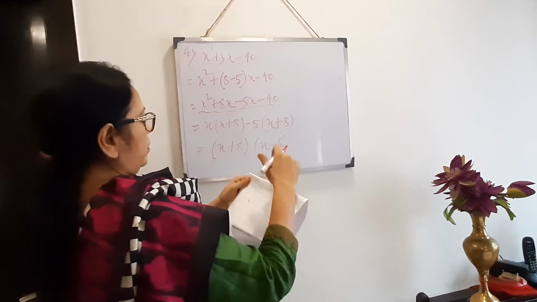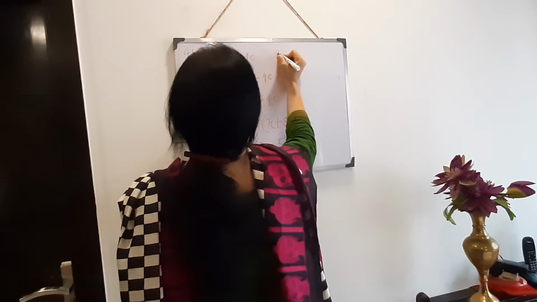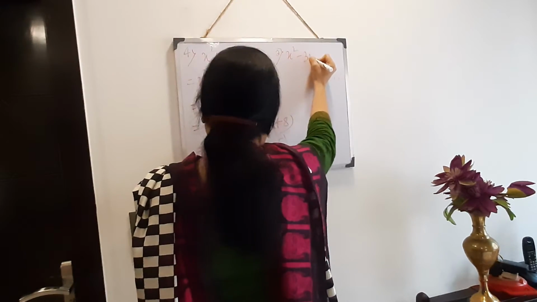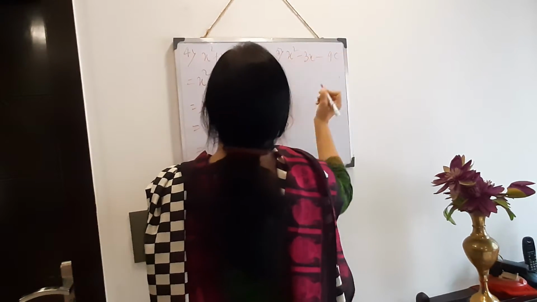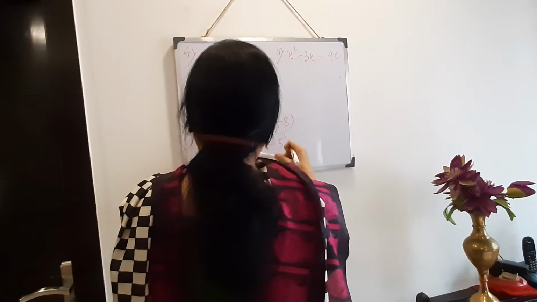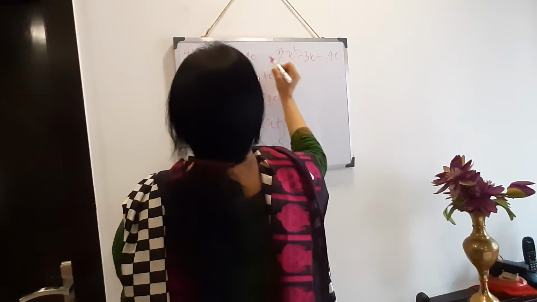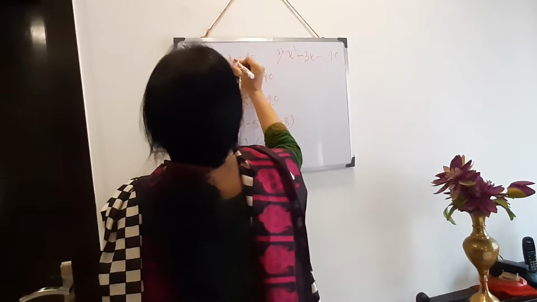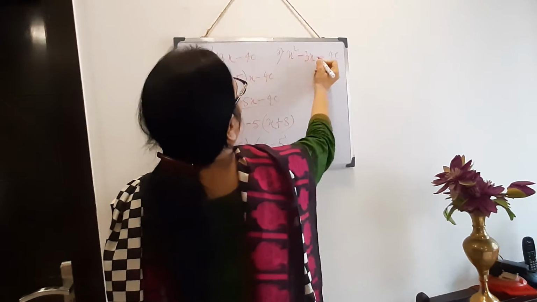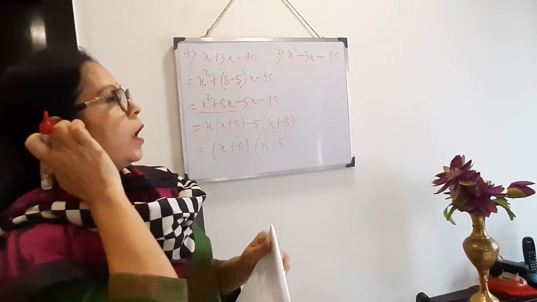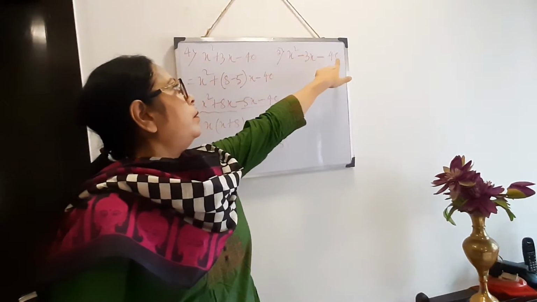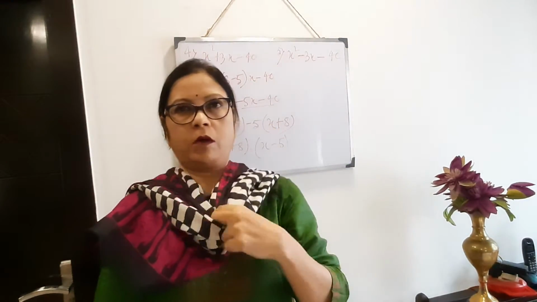Now see, that is also a different type. What is this? If it is of this type, minus 3x minus 40. Clear? Here there was plus, but there is minus, and there was minus, there is also minus. Now in this case also we will subtract the factors of 40.